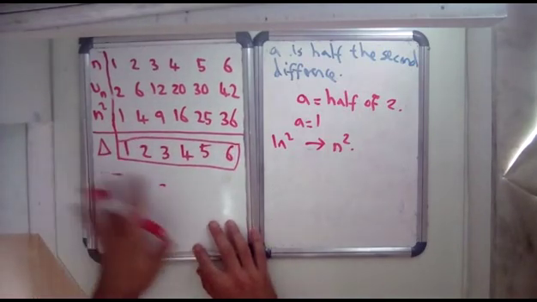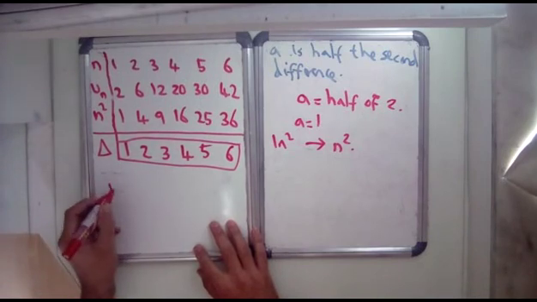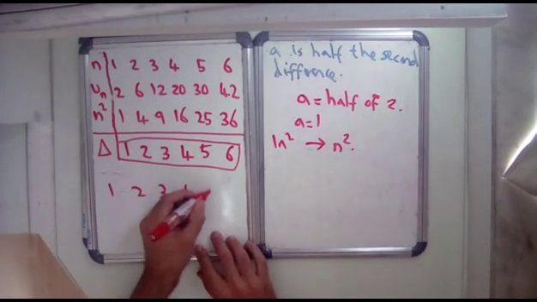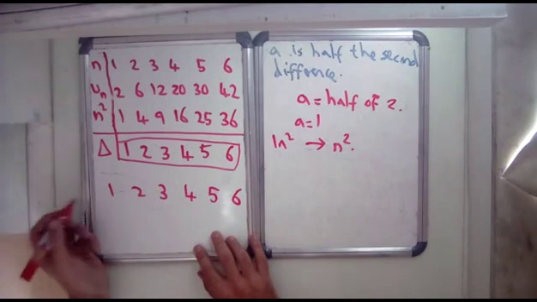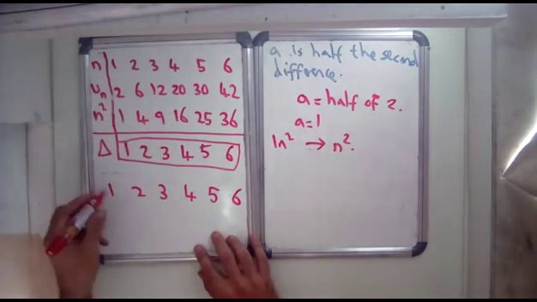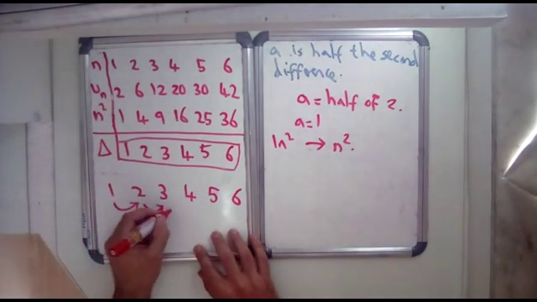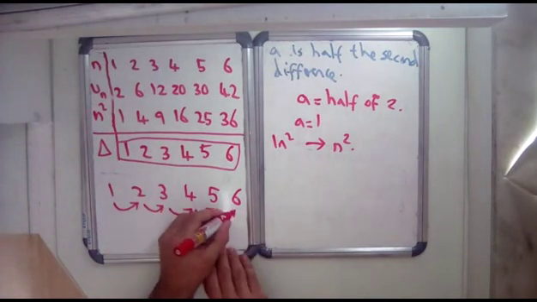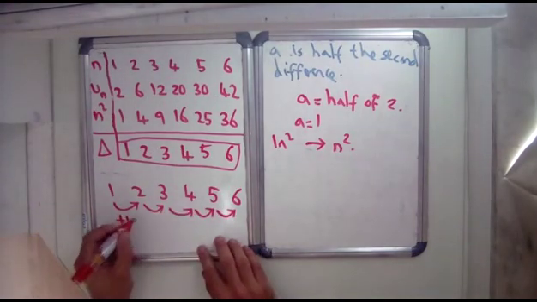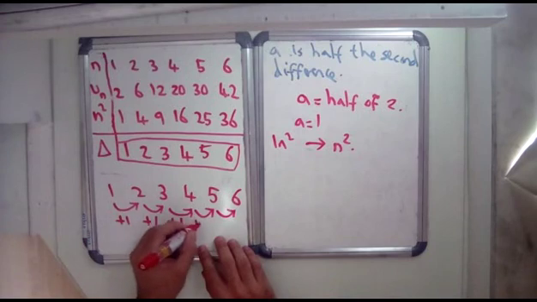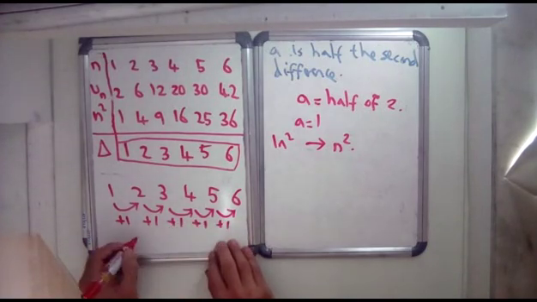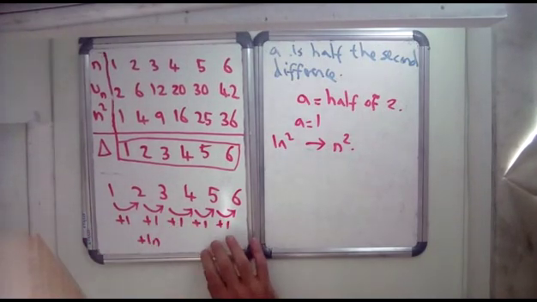And if you look at it, well, if I had 1, 2, 3, 4, 5 and 6, I shouldn't really need to do this, but in the interests of consolidating the last bit, there's plus 1, plus 1, plus 1, plus 1, which means plus 1n, or just n.